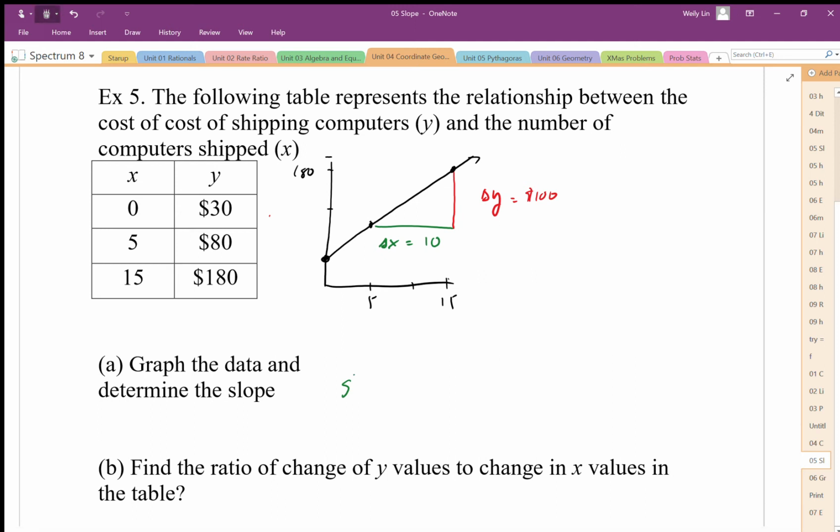So I'm going to work on my slope here. My slope is going to be equal to the change in y over the change in x. So it's going to be the change in y, which is plus $100, compared to my change in x, which is I've gained 10 computers.